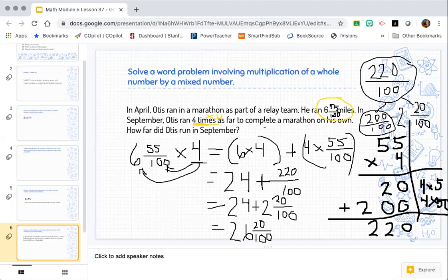I forgot to write a sentence answering the question. How far did Otis run in September? Well, Otis ran 26 and 20/100 miles in September, which is how long a marathon is, 26.2 miles. Oh, this is getting close to decimals, which is what our next unit is.